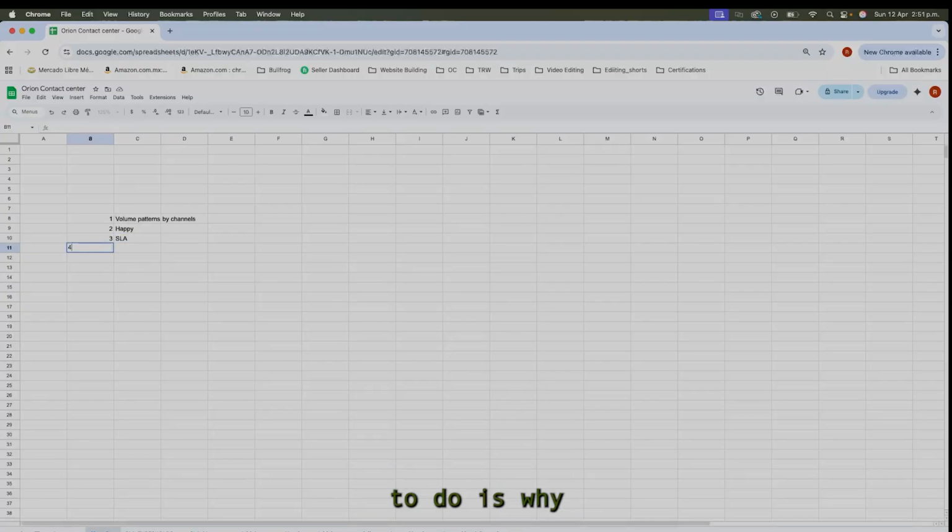Another thing that we wanna do is find out why we are not getting the service level, why some customers are not happy, and why we are having this increase of volume.